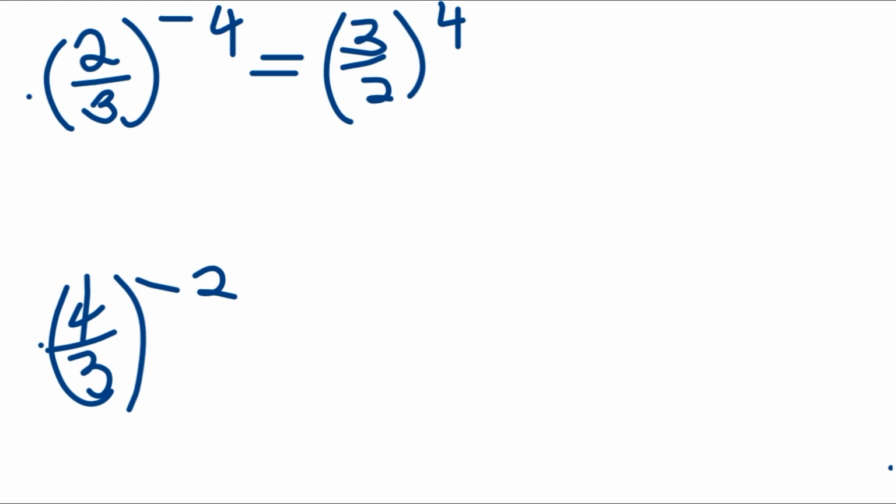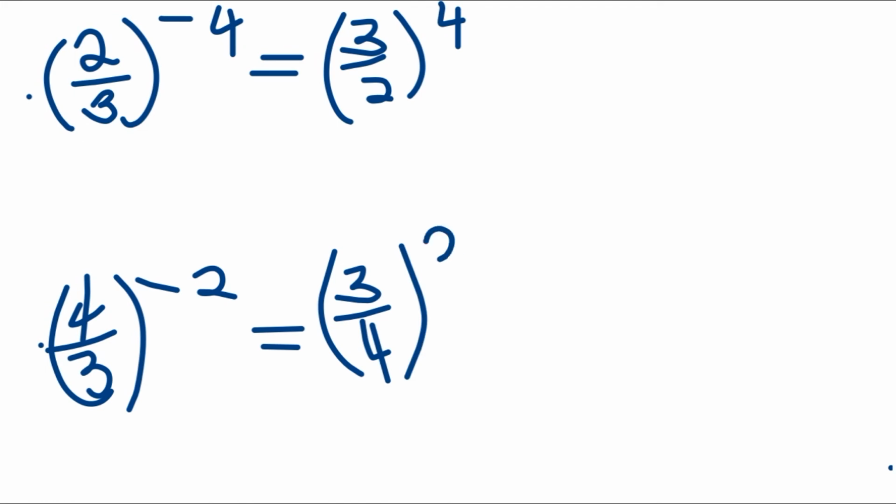Now let's have a second example. If you have 4 over 3 raised to a negative exponent, you can write that as 3 over 4, and then you raise it to a positive exponent of 2. So that's how rule number 3 works.